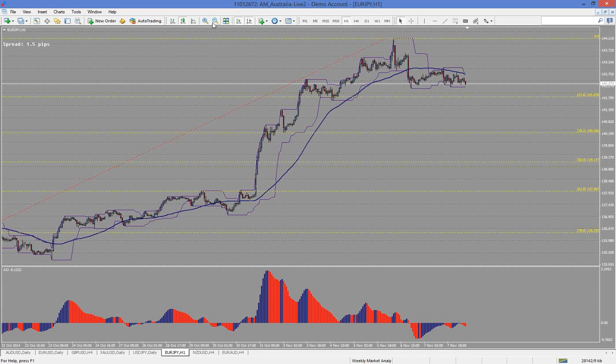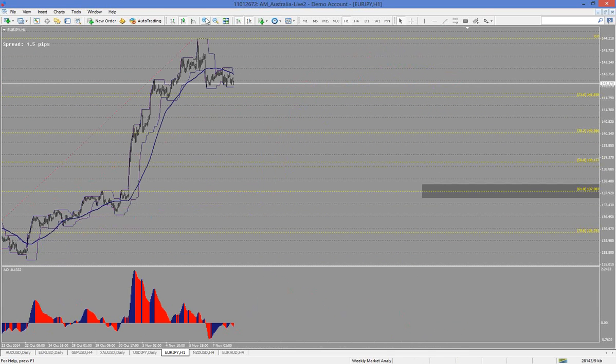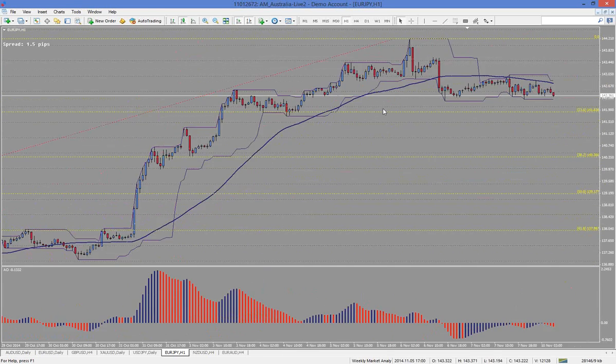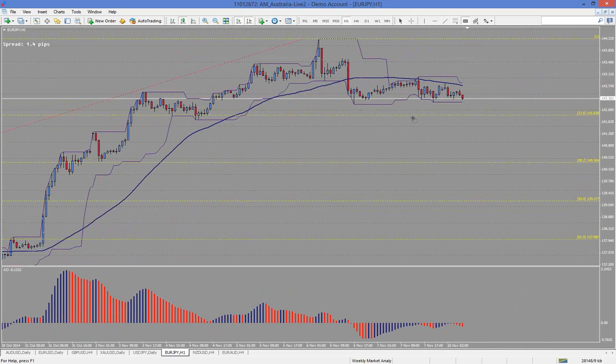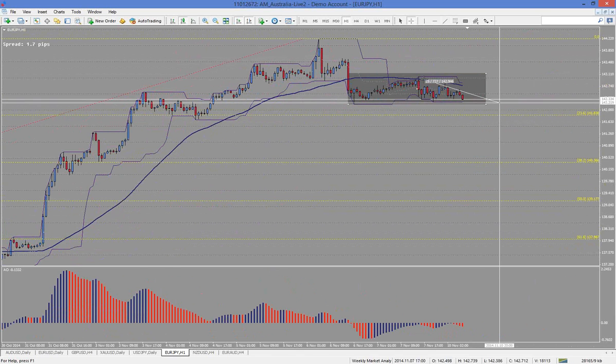Okay, let me show it to you. You can see that the market is starting to give us a zone. Now these are 1 hour candles, so there's more than 24 candles there. So the market's been trading for about a day at a 70 pip range.